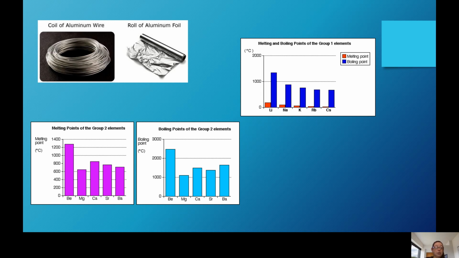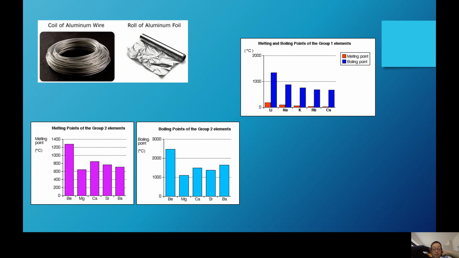And if you look at group 2, those melting and boiling points have a little bit of a different ratio. So if you look at the melting points, the highest melting point is beryllium, and that's a little over 1200, right? But if you look at its boiling point, it's somewhere between 2000 and 3000.